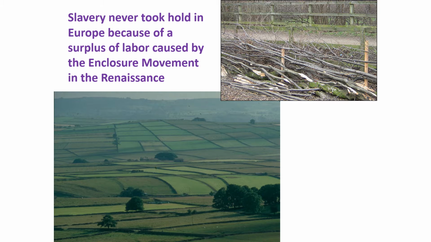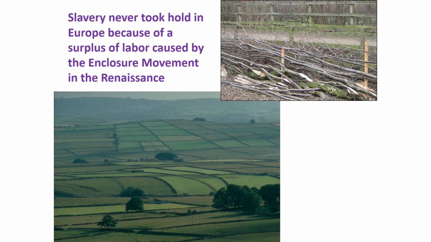There was plenty of cheap labor in Europe because as the feudalism declined during the Renaissance, the old feudal lords would often fence off their properties. They would enclose their properties so as to raise sheep. Raising sheep was cheaper than the old agriculture of the manors.